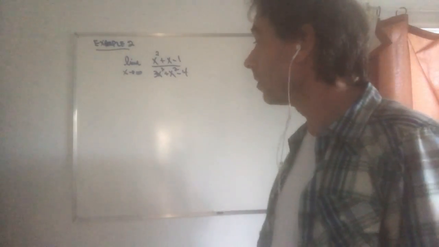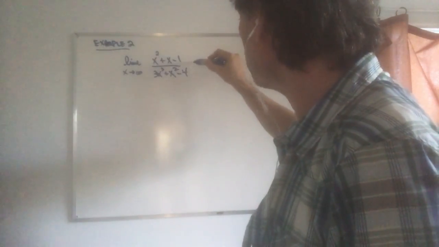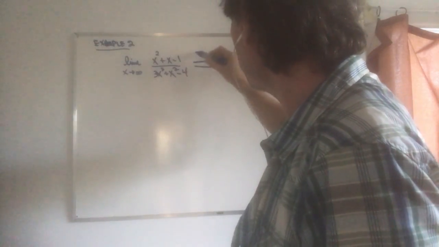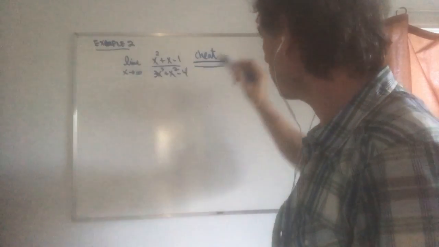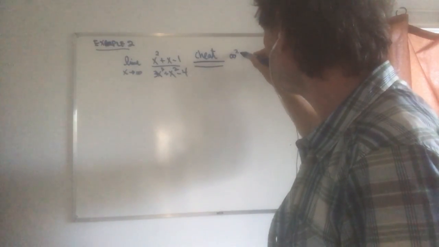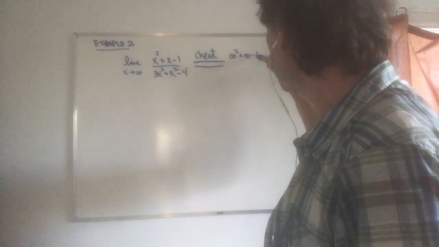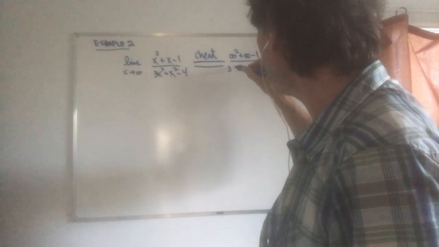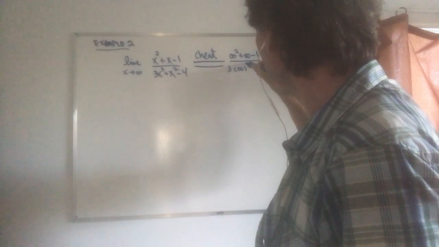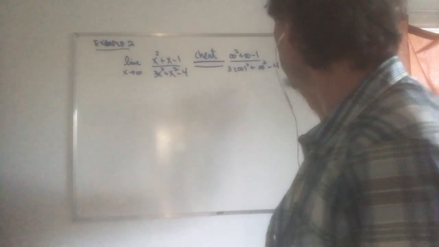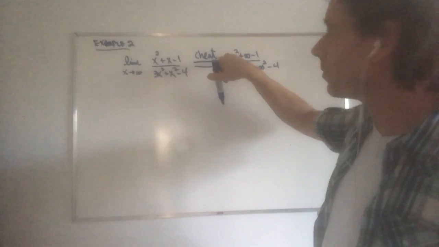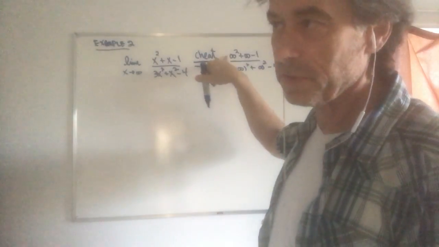Okay, good old limit. Just to be on the safe side, I'm going to start with a good old cheat, and I get infinity squared plus infinity minus 1 over 3 times infinity cubed plus infinity squared minus 4. Infinity squared, the largest number times the largest number, is the largest number.